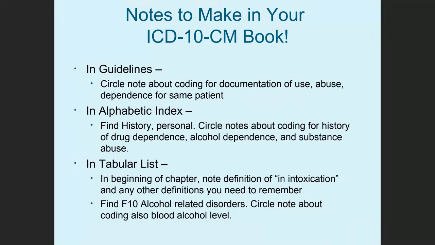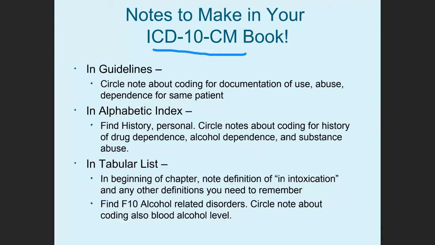Okay, it is impossible to remember all the guidelines for these codes or for any section. So here are some suggestions of notes to make in your ICD-10-CM book. Circle the note in the guidelines about coding for documentation of use, abuse, and dependence for the same patient. In the alphabetic index, find history, personal and circle the notes about coding for history of drug dependence, alcohol dependence, and substance abuse.